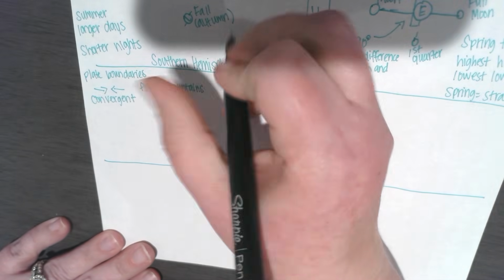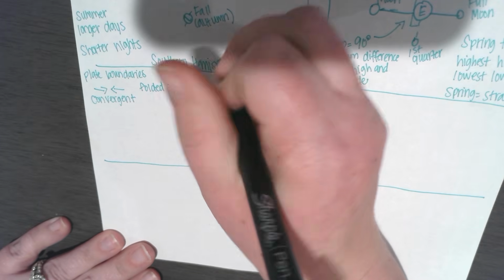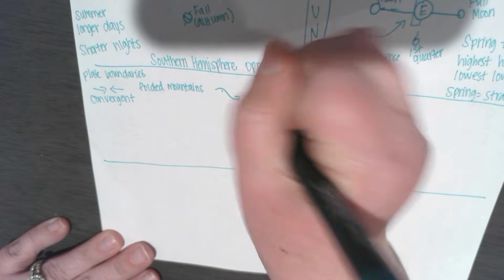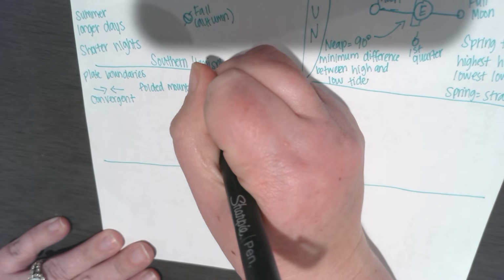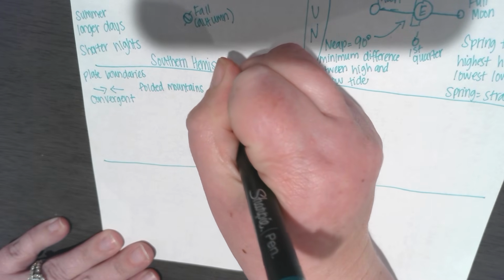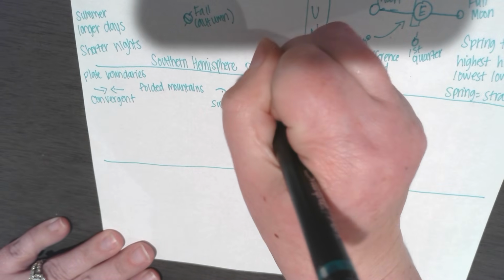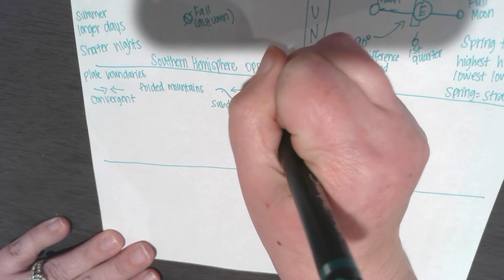When they run into each other and one oceanic crust slips underneath a continental crust, we call that subduction. And that creates trenches and volcanoes.